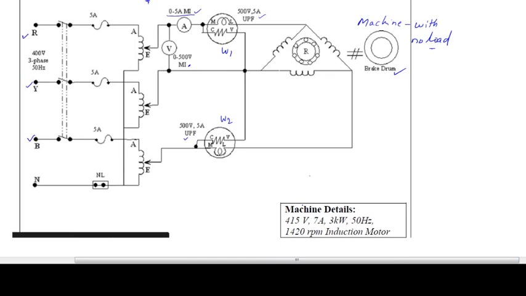In our nameplate reading, we can get the supply voltage, maximum current rating, kW rating, the frequency range in which the machine works, and the maximum RPM, that is rotations per minute, that the machine can run. This is the nameplate of a machine.